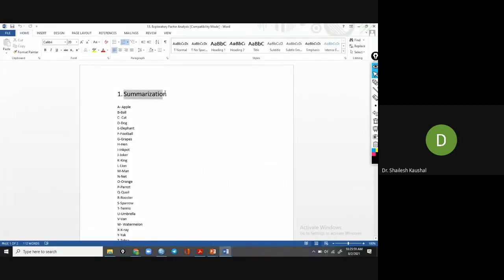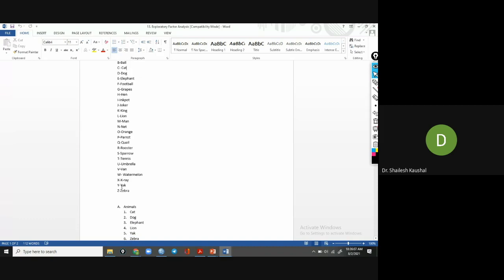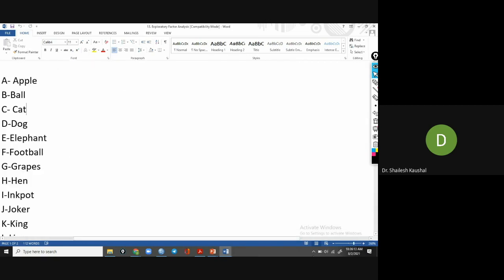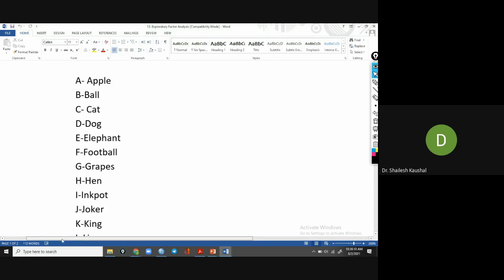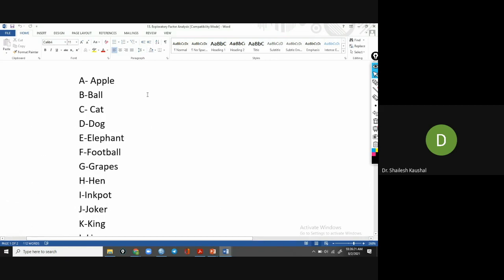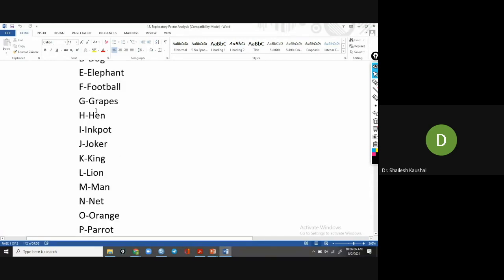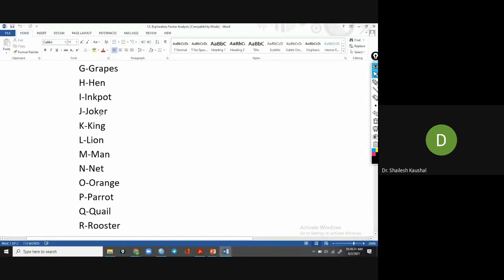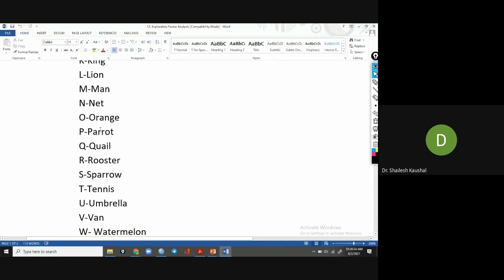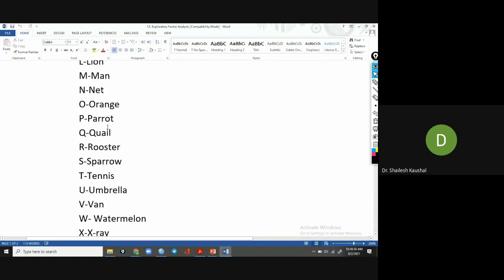Here are words like A, B, C, D, E, F, G: A for apple, B for ball, C for cat, D for dog, E for elephant, F for football, G for grapes, hen, ink, pot, joker, king, lion, man, net, orange. These are the words.